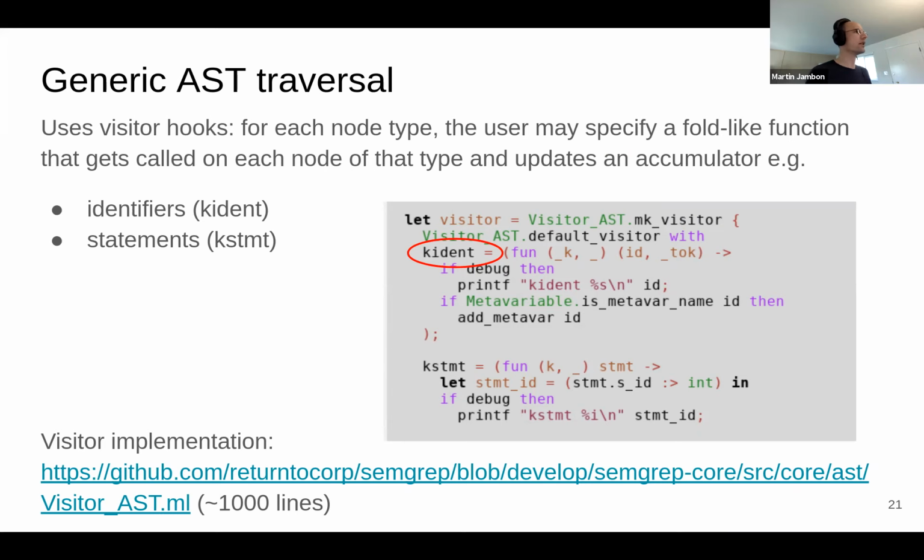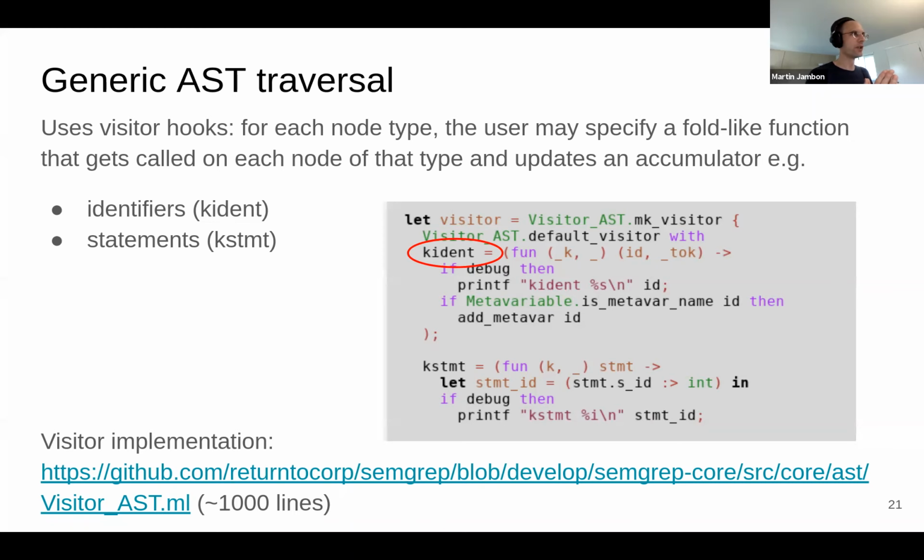So here's a little example. I took this snippet of code from an optimization that we do that needed to visit statement nodes and identifier nodes, but it doesn't care about the rest.